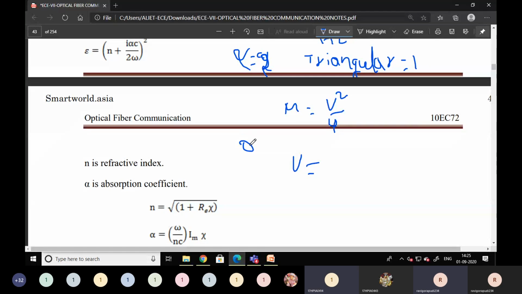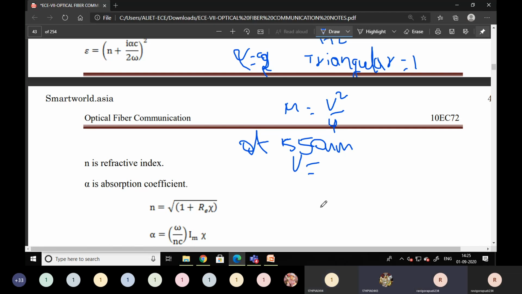For example, at 1550 nanometers, M is equal to 195, sir. 195.